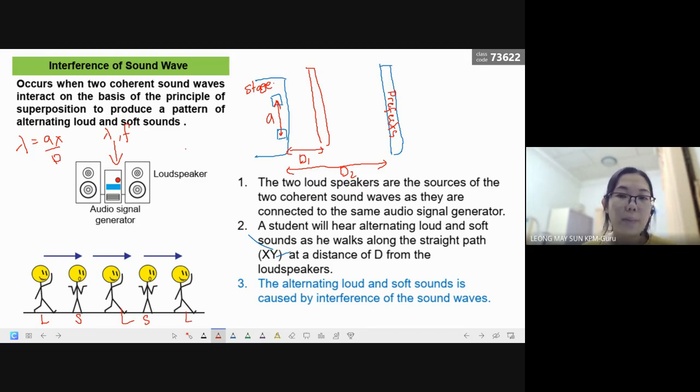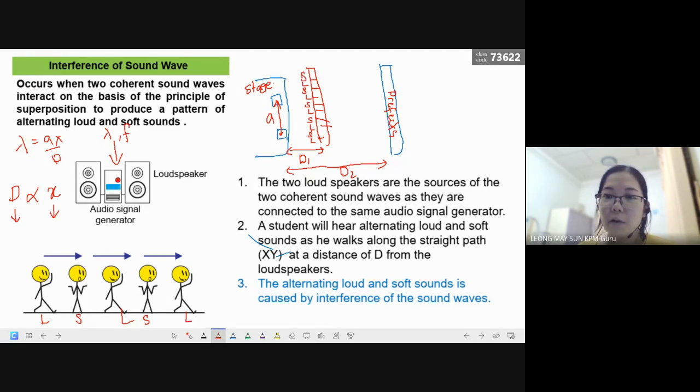So if A is fixed, D is constant, and D is directly proportional to X. When D, the distance from the speakers to the students, is smaller, X is much smaller. So the front row of students should be able to hear clearer sounds, alternating between students; the distance between loud and soft is very obvious.